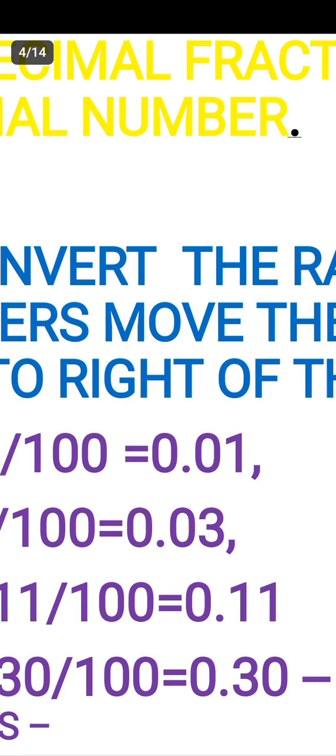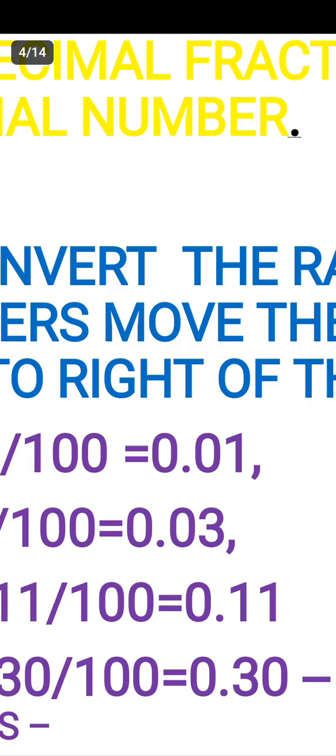Now, every single digit from 1 to 9 has 0.0. For instance, 1% is 0.01, 2% is 0.02, 3% is 0.03, and so on until 9%, which is 0.09. But immediately you come to 10%, it becomes 0.1, 20% is 0.2, 30% is 0.3, 40% is 0.40, 50% is 0.50.